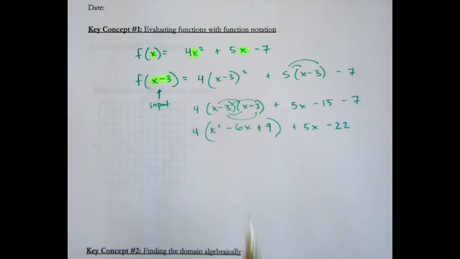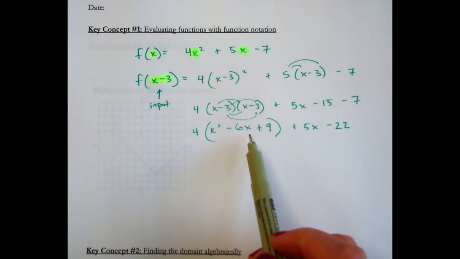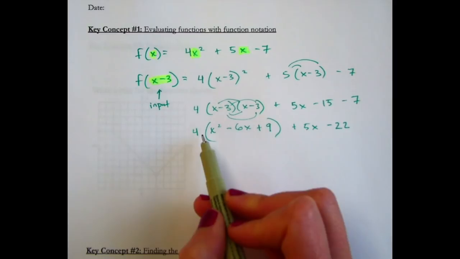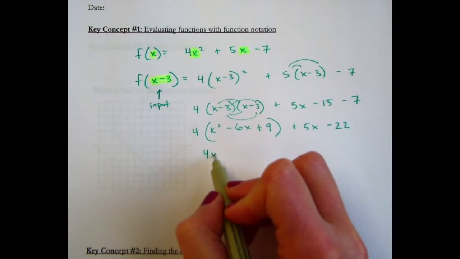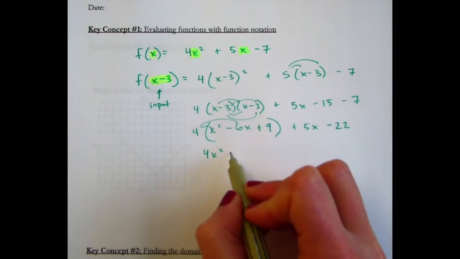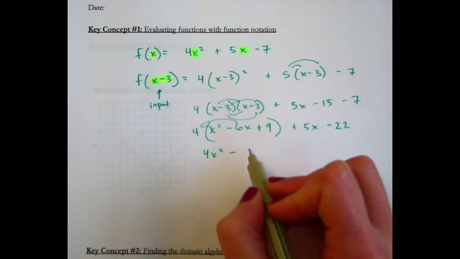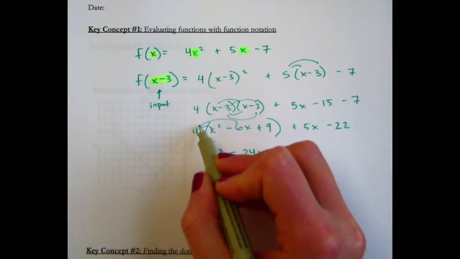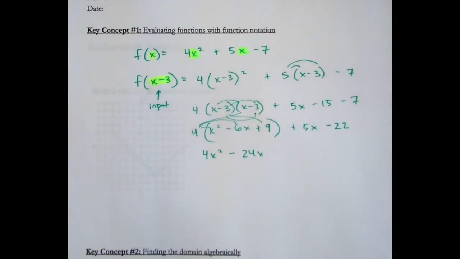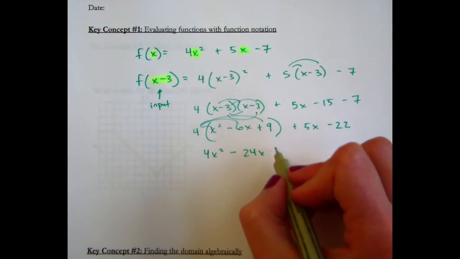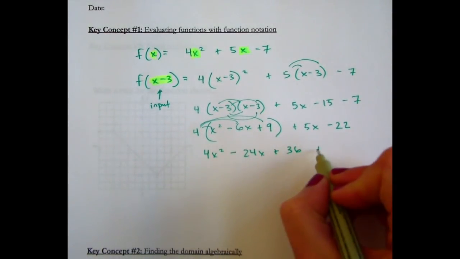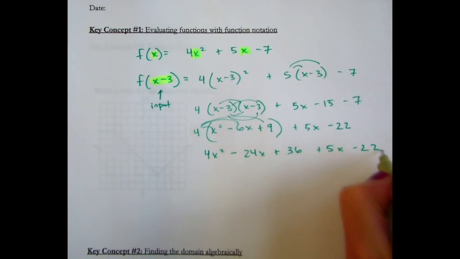Okay, now to distribute this coefficient here, this 4, 4x squared. 4 times 6 is 24x, and 4 times 9 is 36. Okay, I'm almost done.